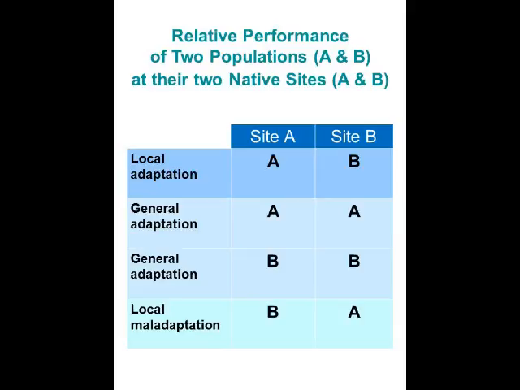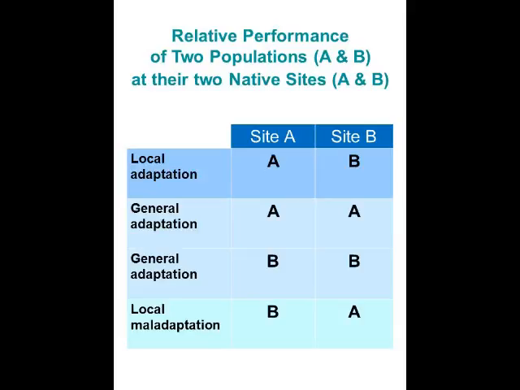One is from site A. Population A is from site A. Population B is from site B. And so we're going to compare two populations, A and B, at each of their two native sites, A and B. Okay? So there are different outcomes when we make this comparison.